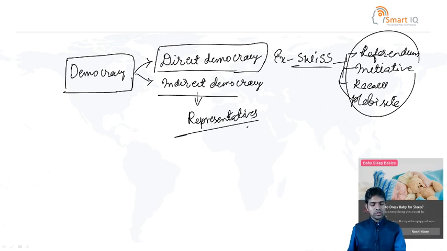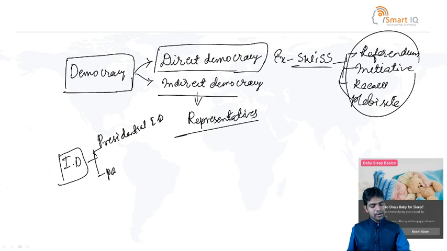In indirect democracy, again there are two kinds: presidential indirect democracy and parliamentary indirect democracy.